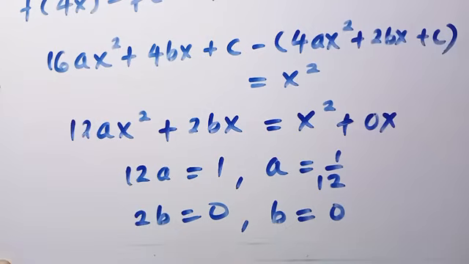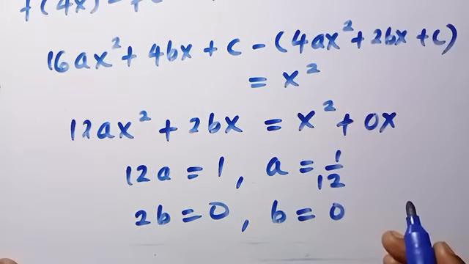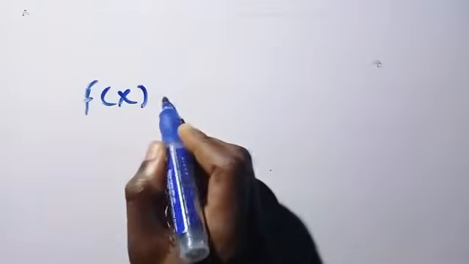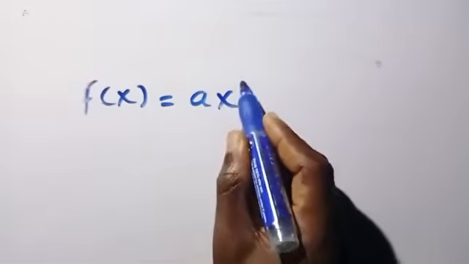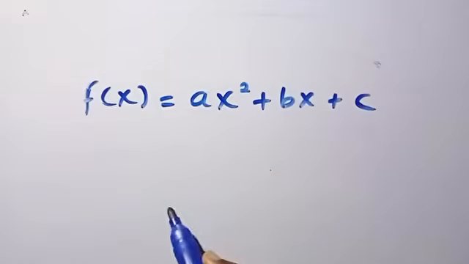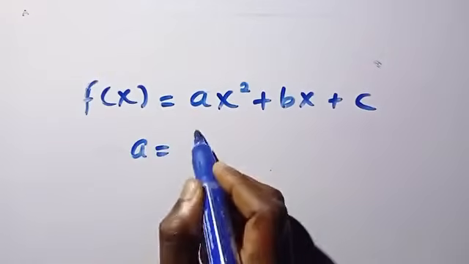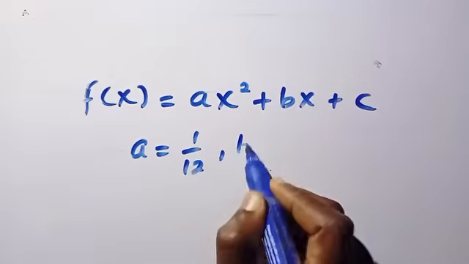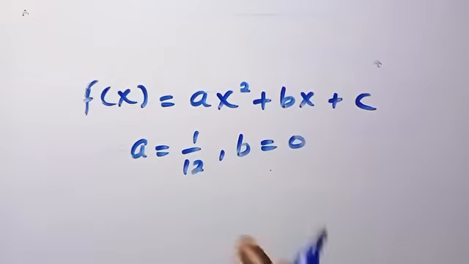Then for f of x, we substitute all these back into the assumed function above. We have f of x equals ax squared plus bx plus c. But a is given as 1 over 12 and b equals 0.